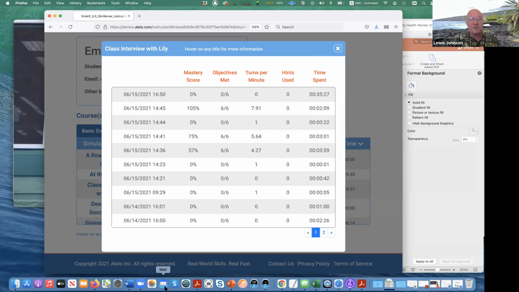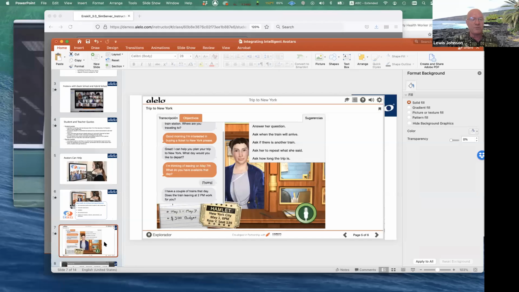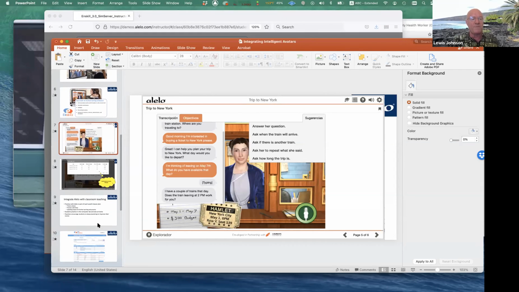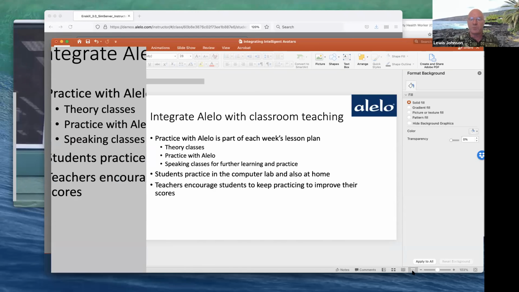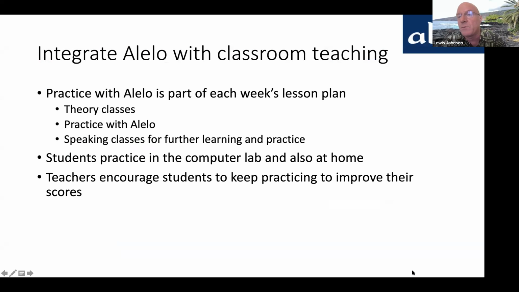And of course, this provides good evidence to us as well that the instructors are using the platform effectively to support their students' progress. And there are a couple of reasons for that.